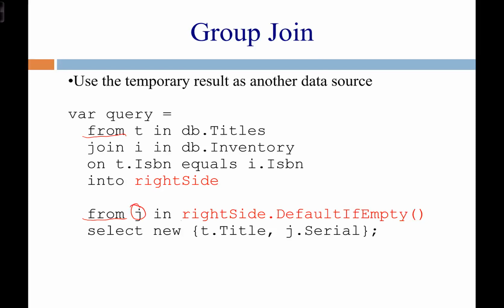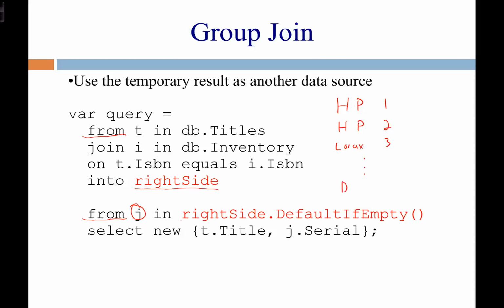So this nested for loop is going to look like this. It'll be for each title, something like Harry Potter, and then for each inventory object in right side, the temporary data source. So we'd get something like Harry Potter matched up with 1 if 1 was one of the serial numbers, HP matched up with 2, and then Lorax or something with its serial numbers.